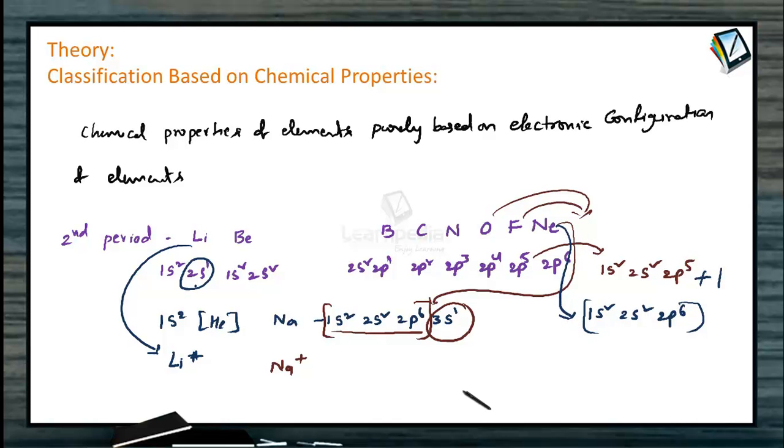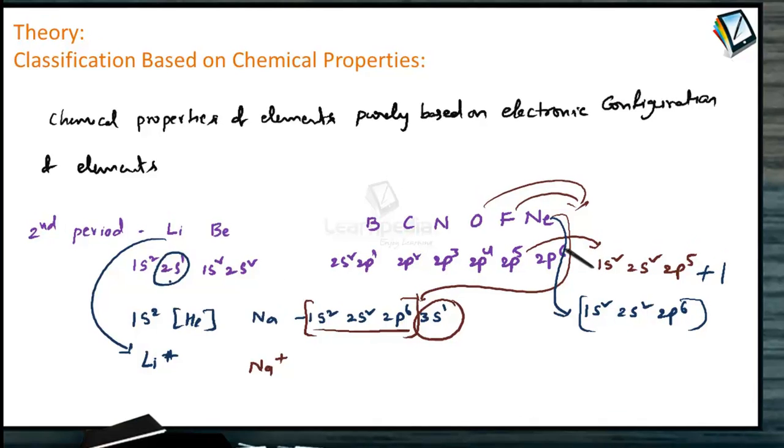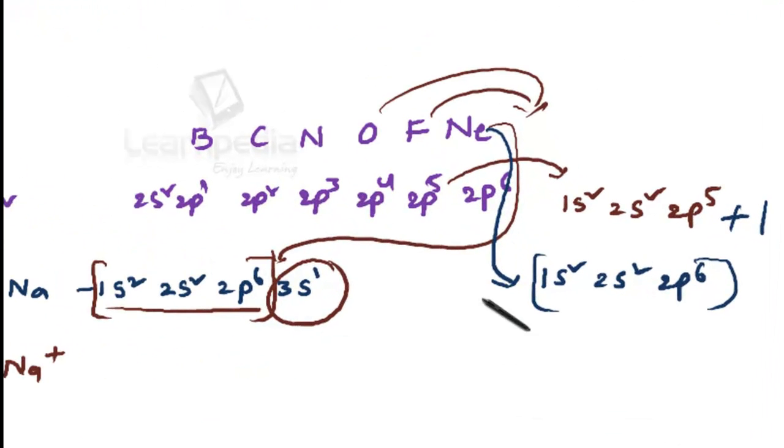So fluorine group elements, which are called halogens, usually take up electrons from another element to get the inert gas configuration. So they always want to form anions, that is fluoride ion, bromide ion. That means halogens want to take one electron in order to get the next inert gas configuration.